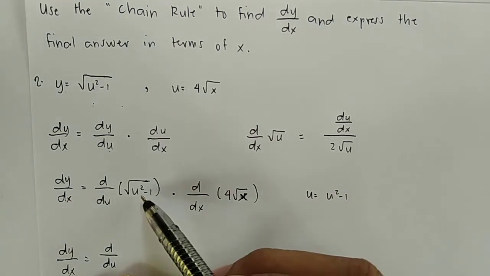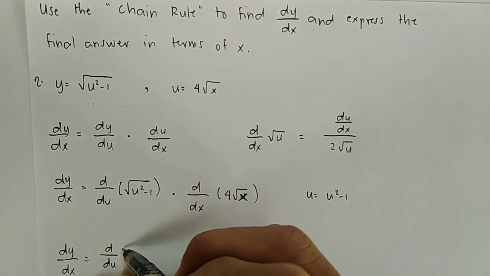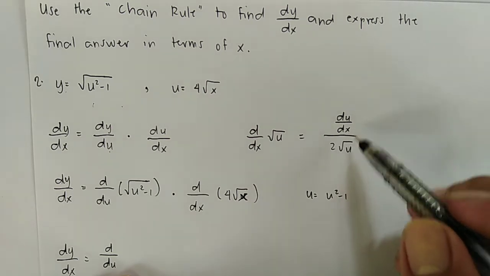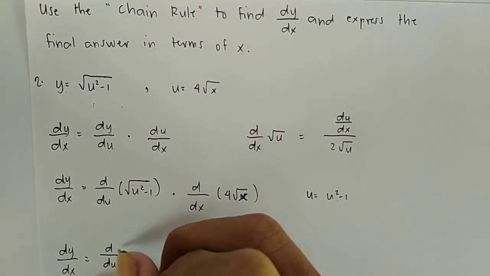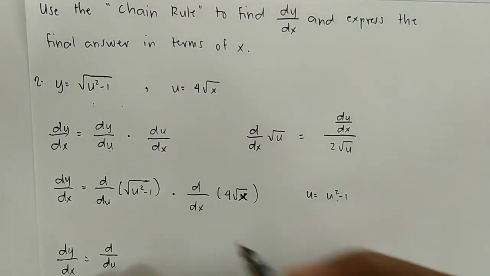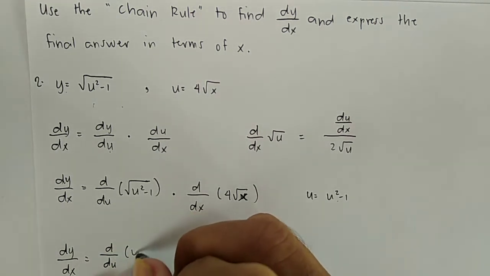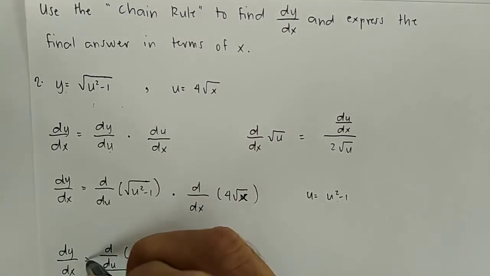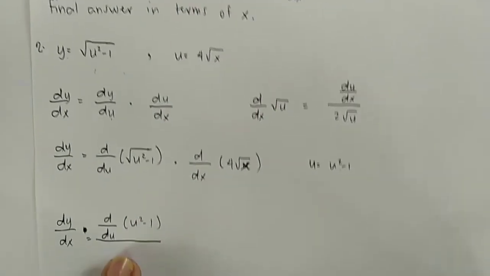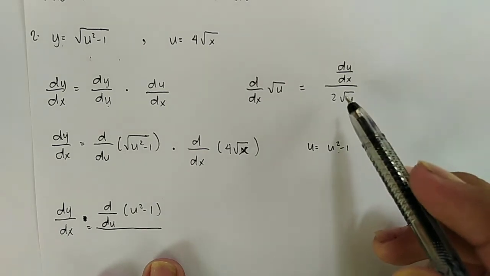So, u natin ay papalitan lang natin ng u squared minus 1. So, mangyayari, u squared minus 1. Then, all over, so dapat nandito yung equal sign. Okay? All over 2 square root of u.